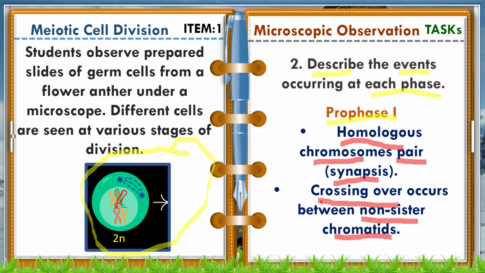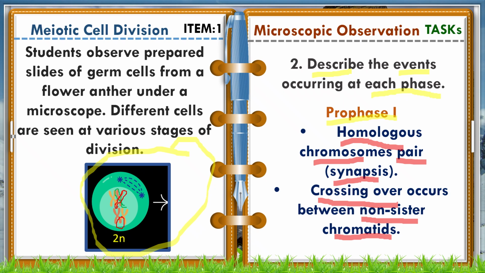So what we are saying here, crossing over occurs between the non-sister chromatids. When you look here, you will see that this chromatid of this chromosome and this chromatid of this chromosome are crossing over. And that place where they are crossing each other, let me make a circle here, you can see that they are crossing here.